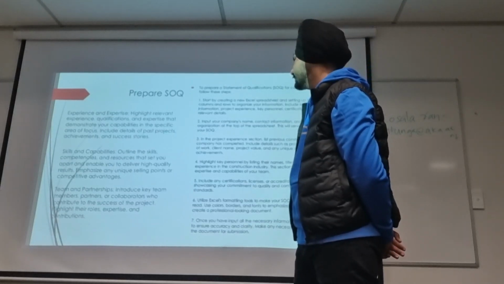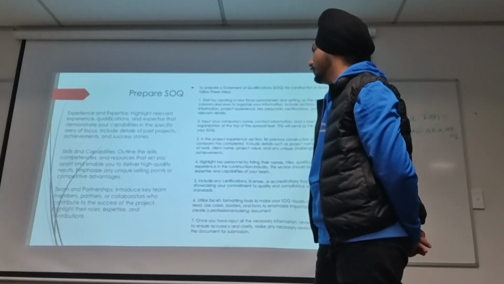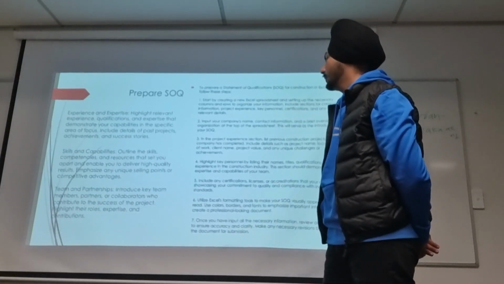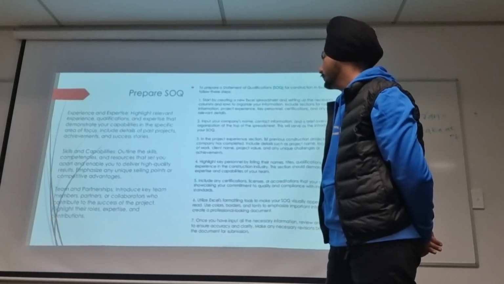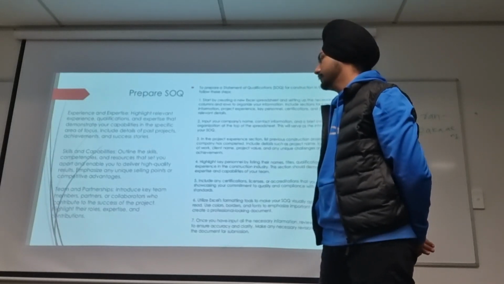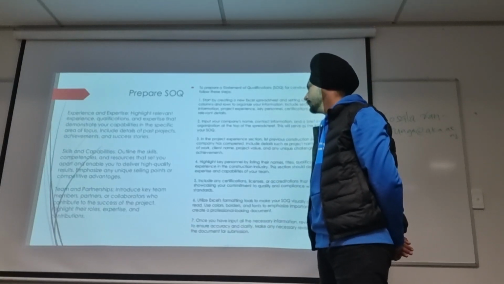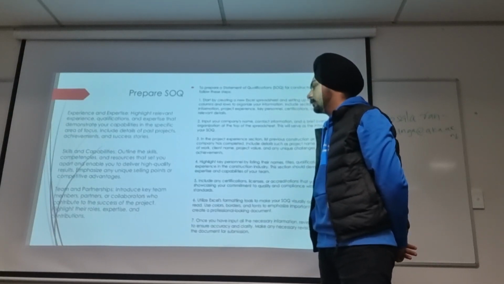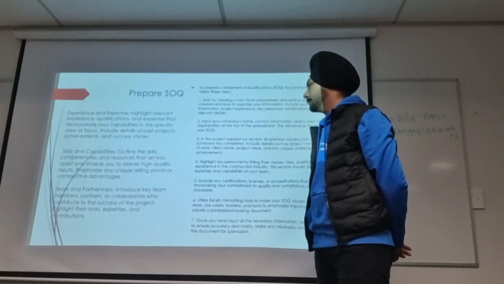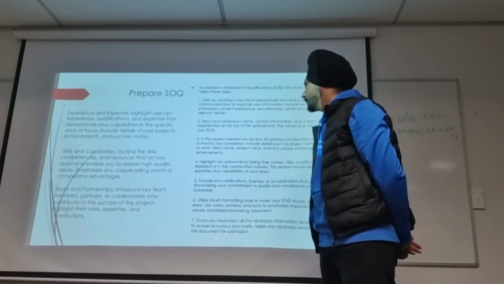Outline the skills, competencies, and resources that set you apart and enable you to deliver high quality results, and any unique selling points or competitive advantages. Team and partnership. Introduce key team members, partners, or collaborators who contribute to the success of the project. Highlight their roles, expertise, and contributions.